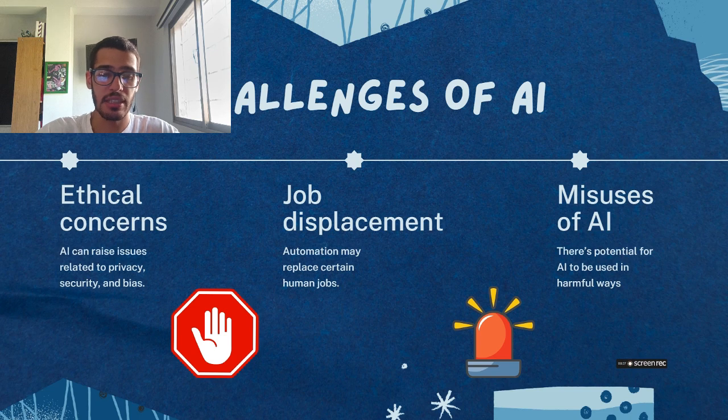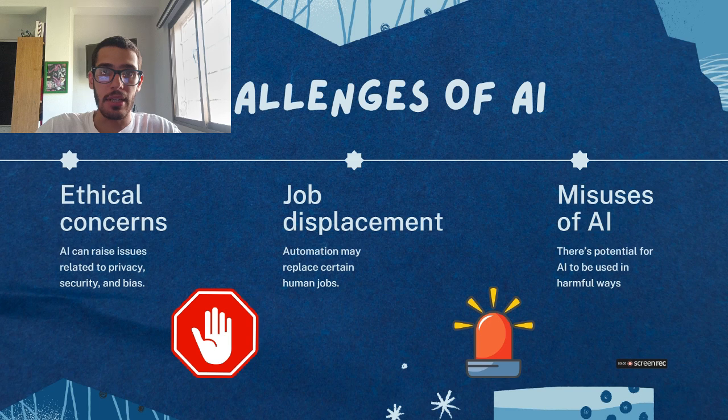It's pretty scary what can be done with an AI in the wrong hands. Job displacement, like Charlie and the Chocolate Factory taught us, machines can replace someone whose job is to work with Colgate. It's pretty scary because automation may replace certain human jobs.